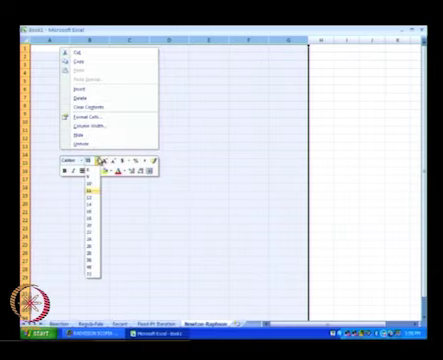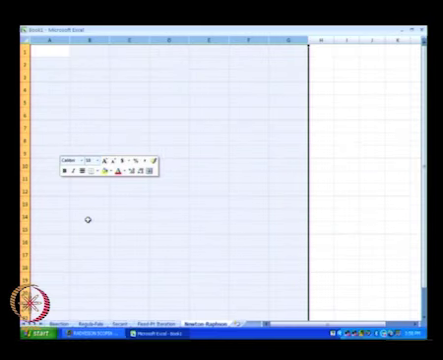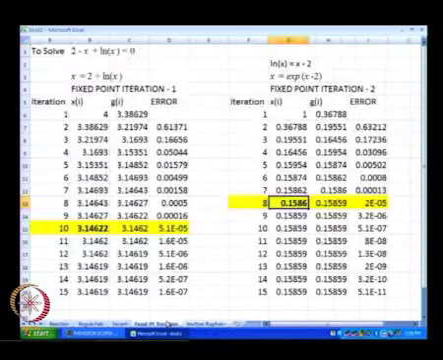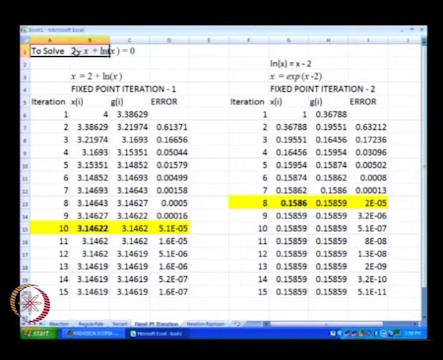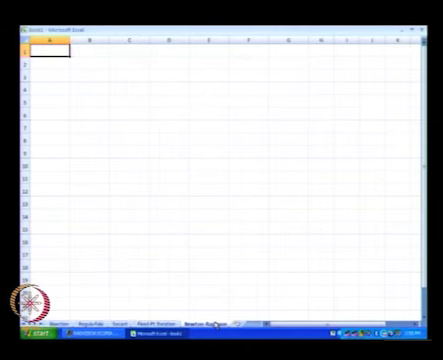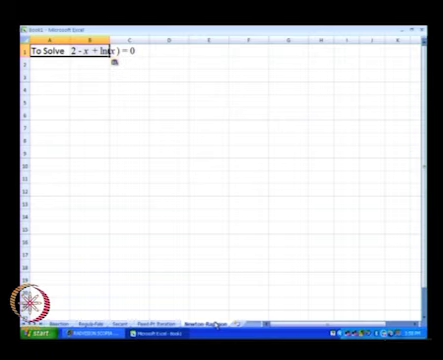We will just increase the font size as before so that it becomes easy to view. Okay, so we wanted to solve this particular equation f of x equal to 0.